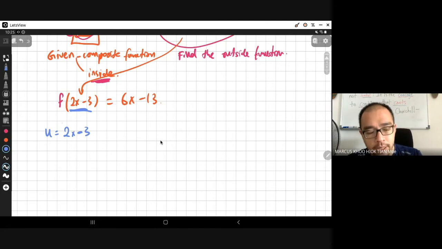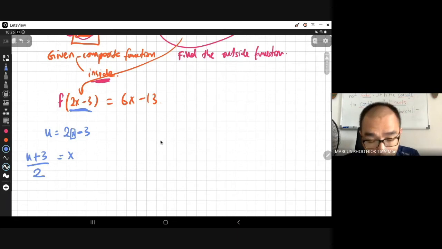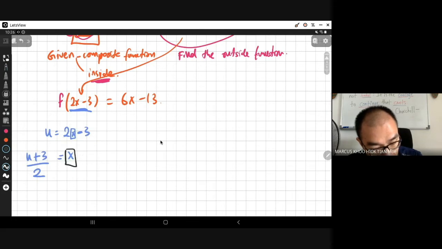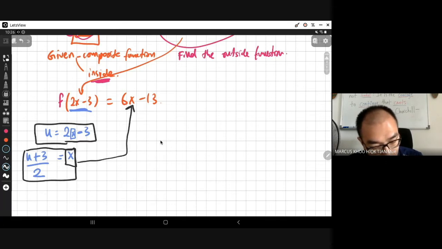So again, you move across until you get only the x on one side. So this will be x equals u plus 3 divided by 2. You replace the x in here, and this 2x minus 3 you replace with u.